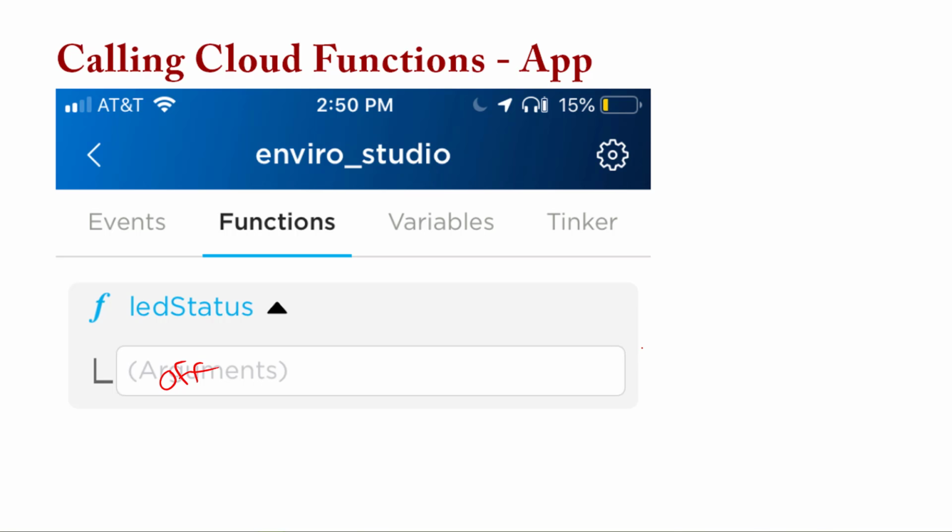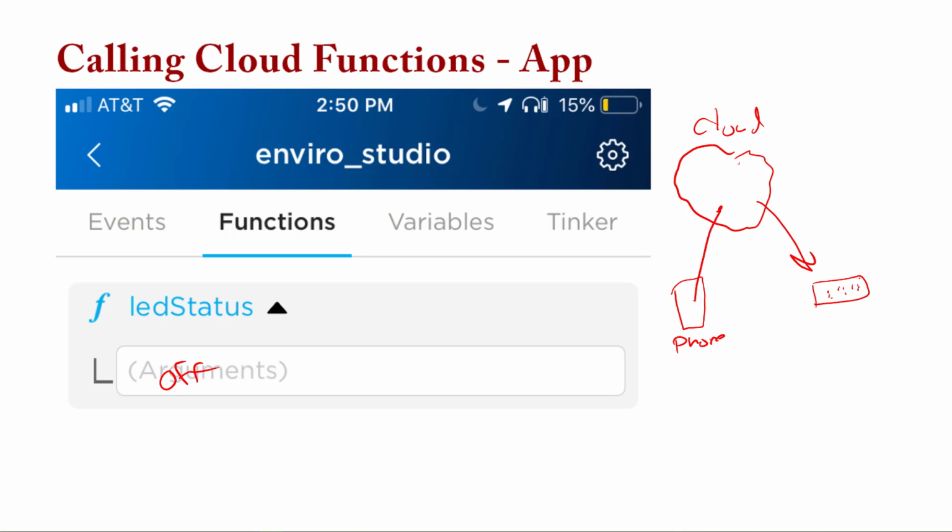So it's going to go from your app, your phone, to the cloud, and then down to your Argon. Here's my little Argon. Here's my LED. It's going to turn it on and off. So that's basically what's happening.